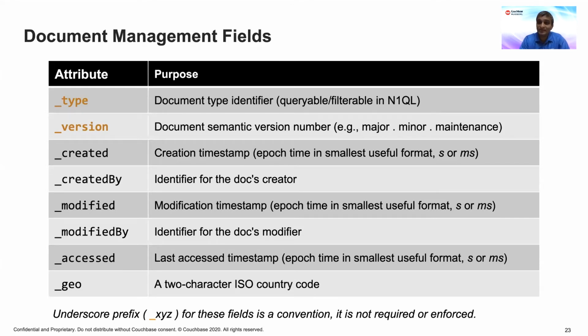Sometimes, let's take these examples: fields like type, version, created, created by, modified, modified by, accessed, last accessed by, last accessed geographical location. These are certain pieces of information that you want to make a part of your data model, but they are not needed by the application itself.